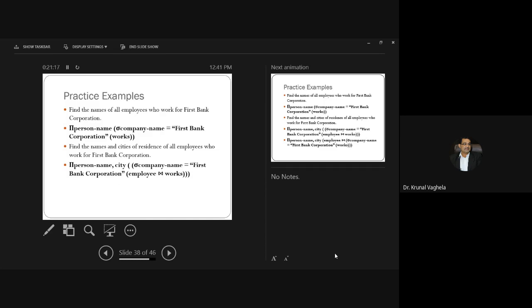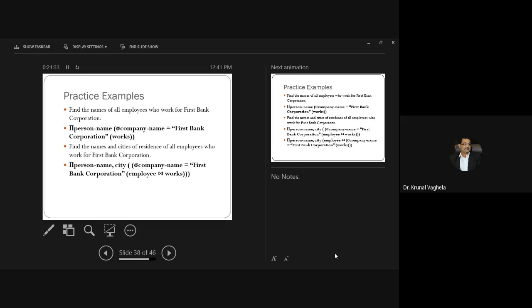Once you join employee and works, and before join you need to see at least one column should be matching. I think person name should be matching.